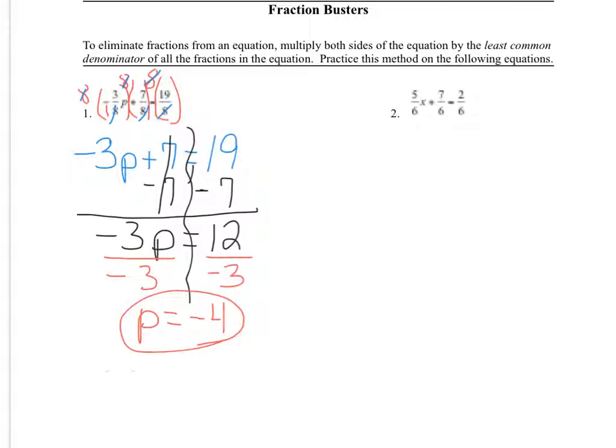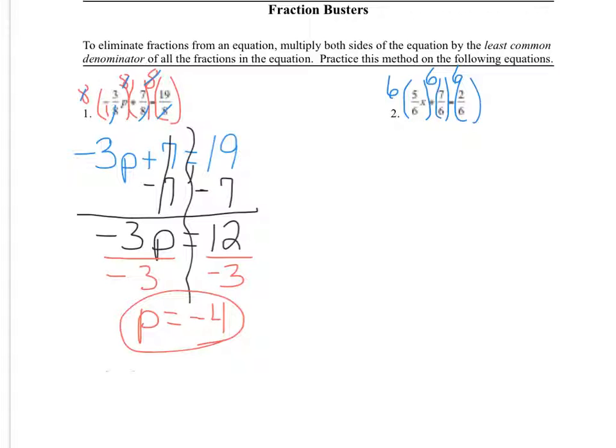Okay, so we're going to do the next problem. Again, we only have one denominator and it's 6, so we have to multiply everything that we have here by 6. 6, 6, and 6.